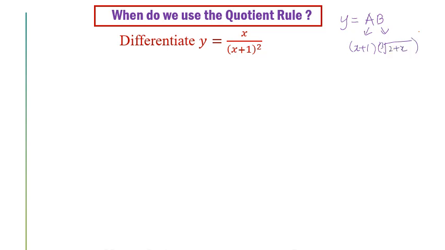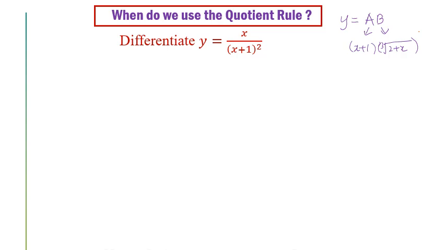Something times something. You use quotient rule when you have something divided by something, like a fraction. Okay, algebraic fractions. And if that's the case, please don't convert it and use product rule. Usually that is the reason why we use quotient rule, because it's easier, right?